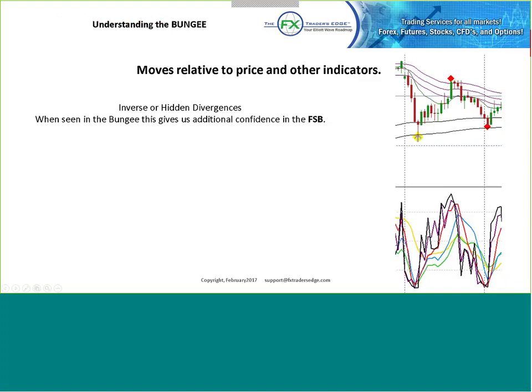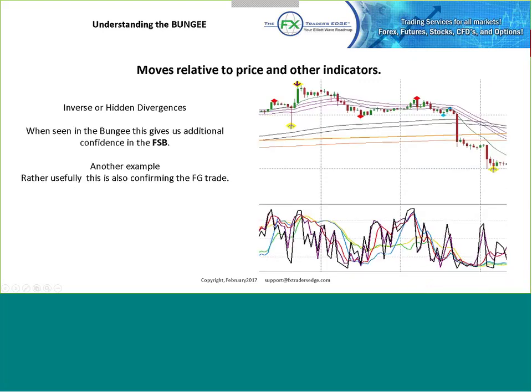I think we've got another slide on that. Bear with me a second. And in this case, the hidden divergence gives us massive confidence in the fill the gap trade. Here's a price wave. Here's a retrace. Here's a fill the gap. But what we're interested in is that lower high, but a higher high on the red and blue bungees.